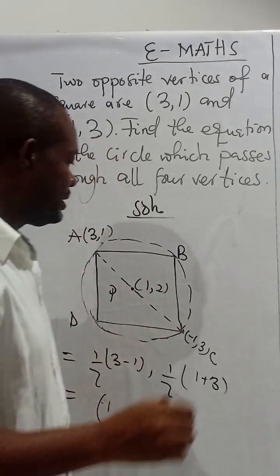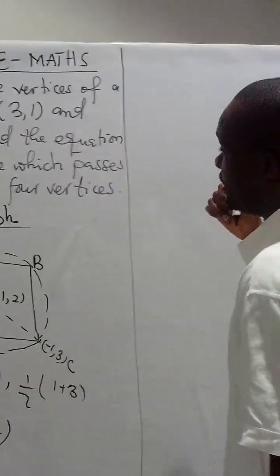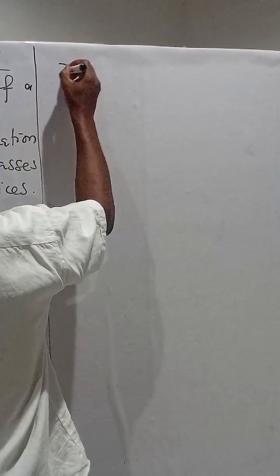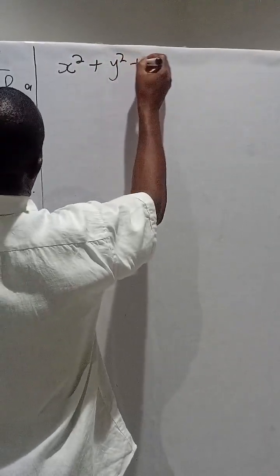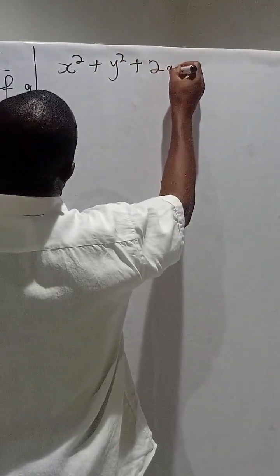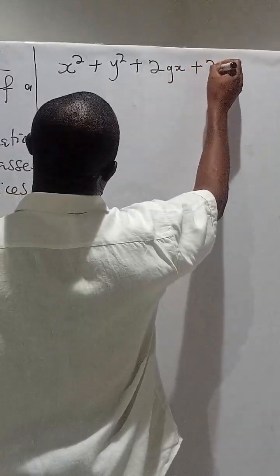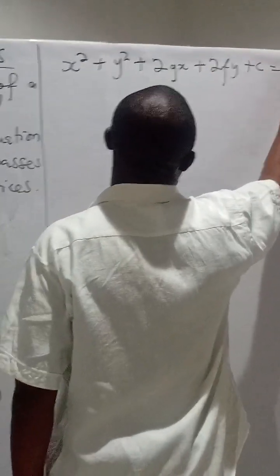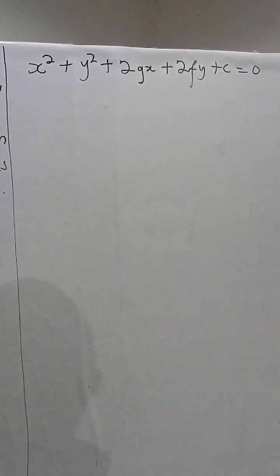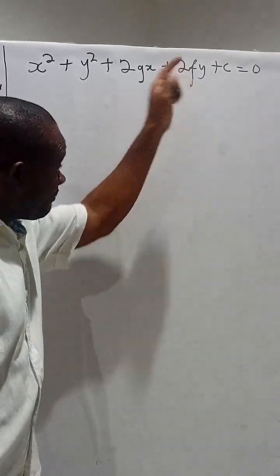Now with this, let us quote the general equation of a circle. The general equation of a circle is given as x squared plus y squared plus 2gx plus 2fy plus c, and this is equal to 0. Now we are going to find g, f and c.